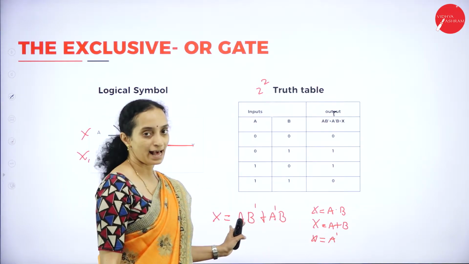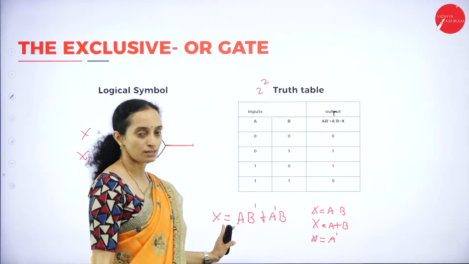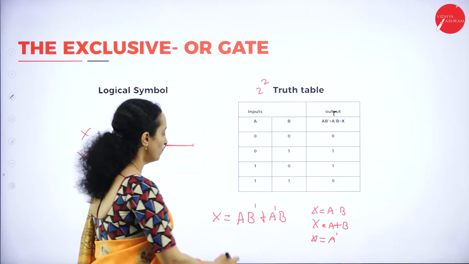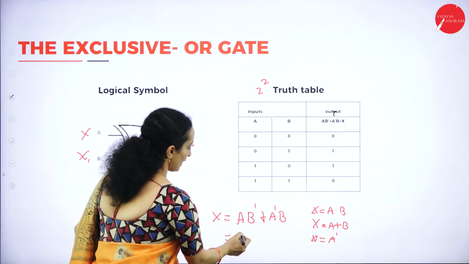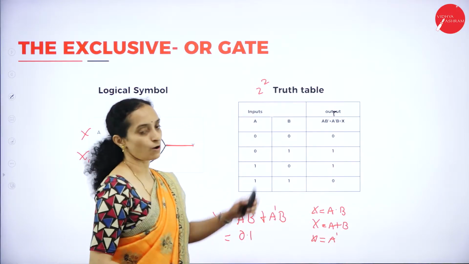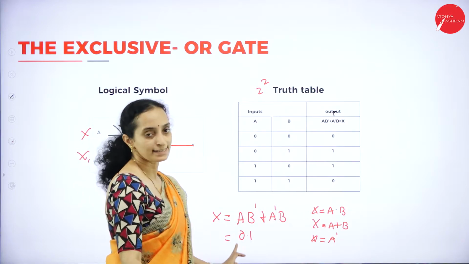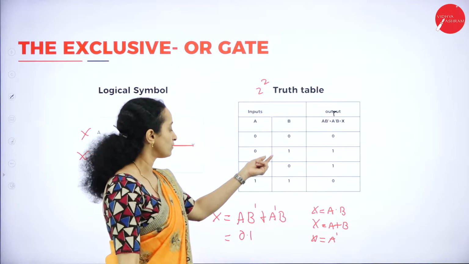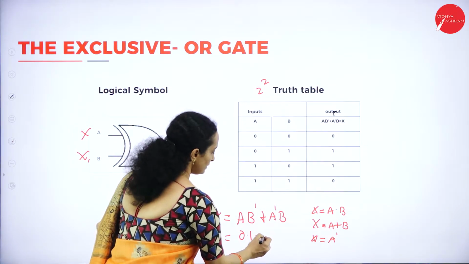So this is the expression that we use for logic gates. Now in the XOR, the expression that we use is X equals A into B dash plus A dash into B. For the first combination 0, 0, we have A as 0 and B dash, the complement of 0, is 1.